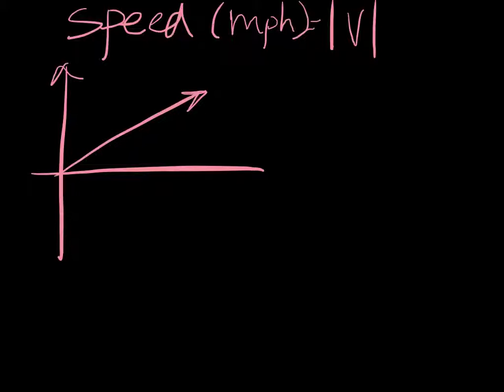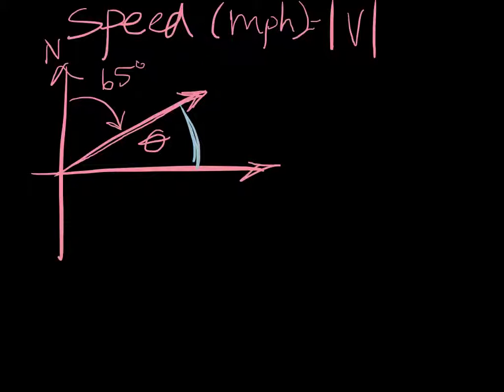Again, bearing is from due north. This is your north, and it has a bearing of 65 degrees. But when we are doing this, you have to remember theta is the angle your vector makes with the x-axis. So really I care about this angle, and that angle is 25 degrees.